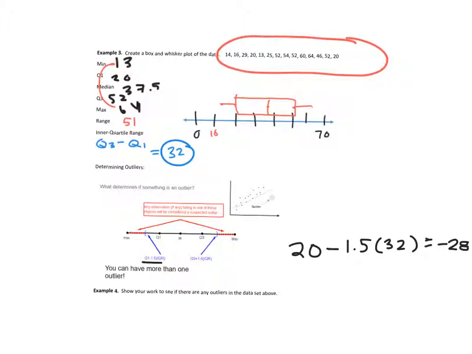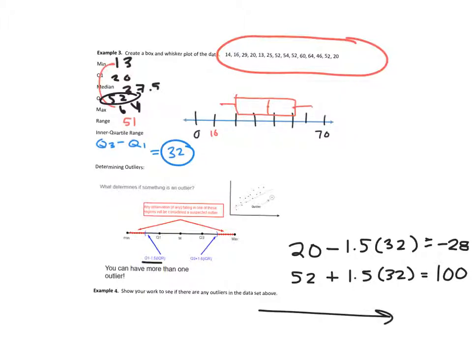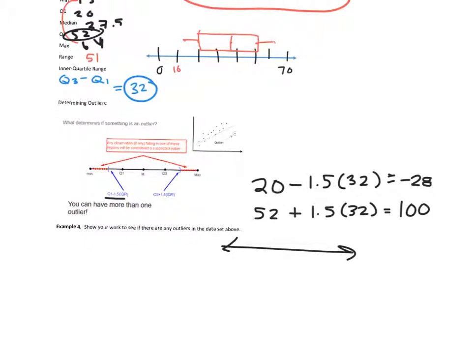Then I'm going to do my Q3, which is 52, plus 1.5 times 32, and I get 100. That's what I'm doing right here for example 4. Anything that is less than negative 28 or greater than 100 will be an outlier.